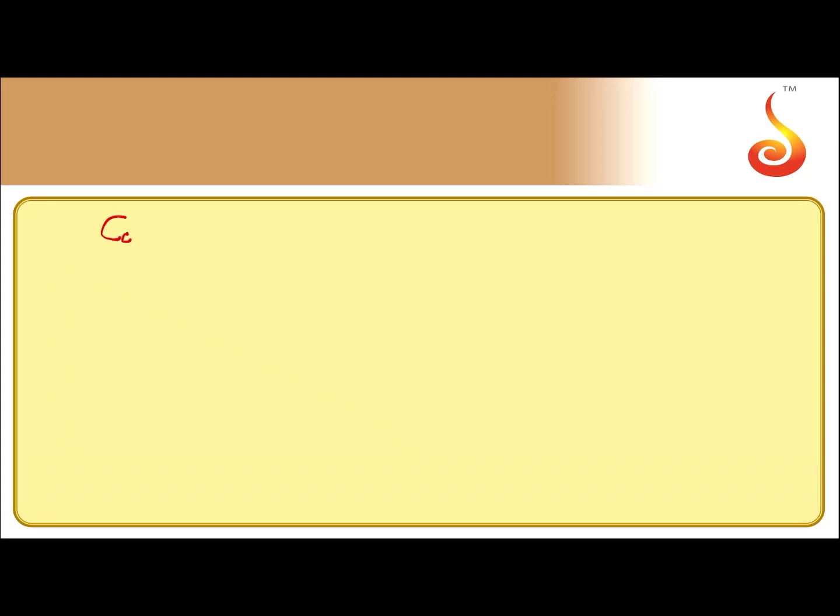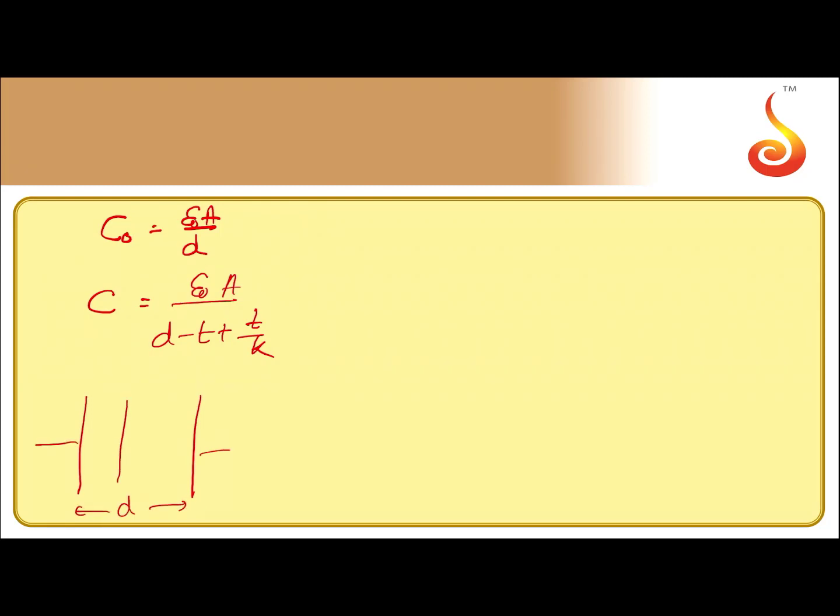So, the initial capacitance is epsilon naught A divided by D, while the final capacitance is how much? Epsilon naught A divided by D minus T plus T divided by K. You may wish to recall this. The plate separation is D and you have inserted a dielectric slab of width T, dielectric constant being K.